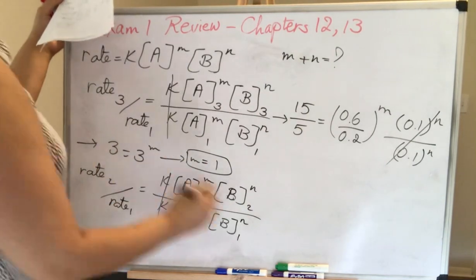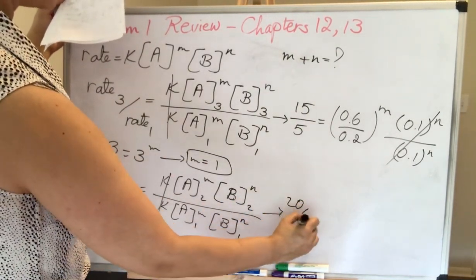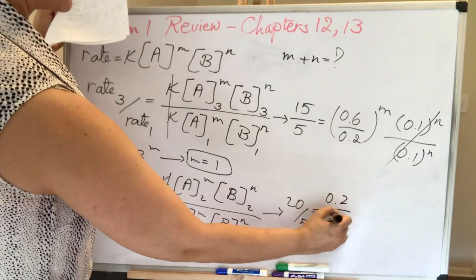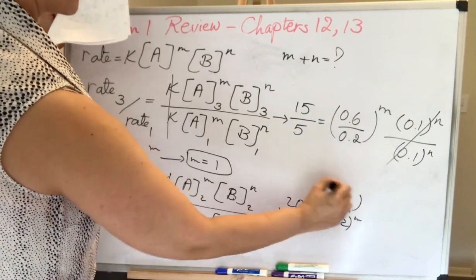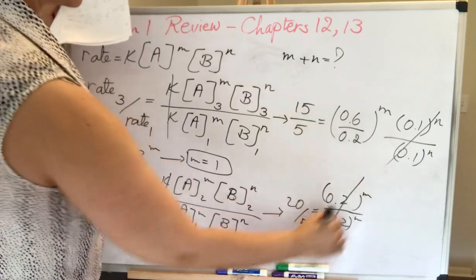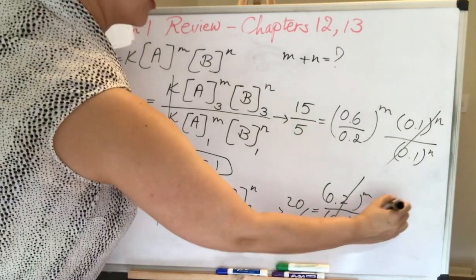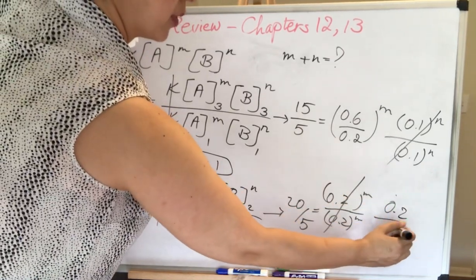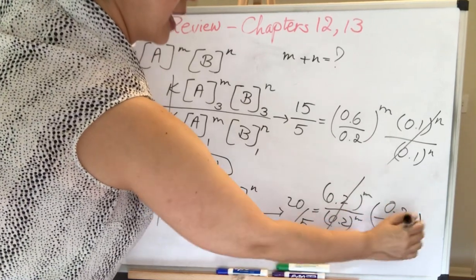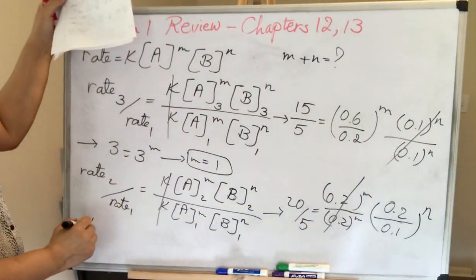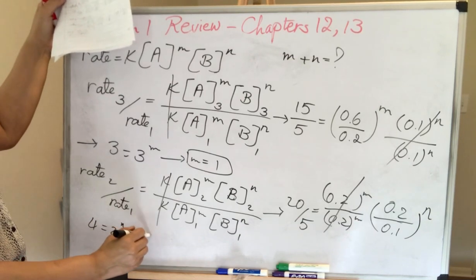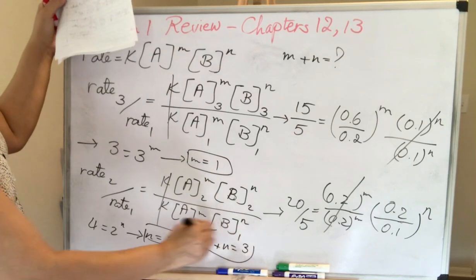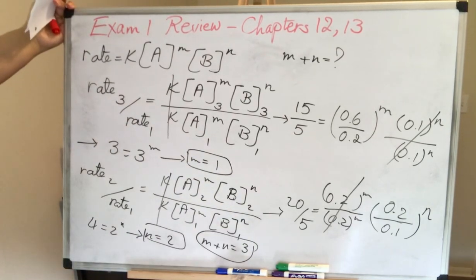So rate of the second experiment to the first one is 20 to 5, and then you have the same concentration for A, which you can cancel, but for B you have 0.2 to 0.1, and the exponent is the same, so you just use n. Then 4 is 2 to the n, so n would be 2, so m plus n is 3, which matches what you have.